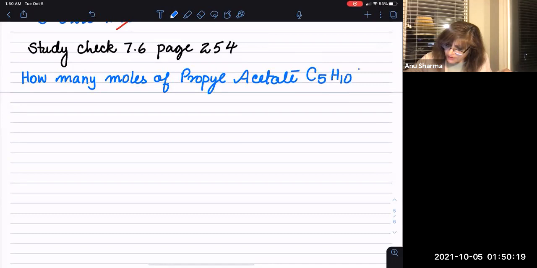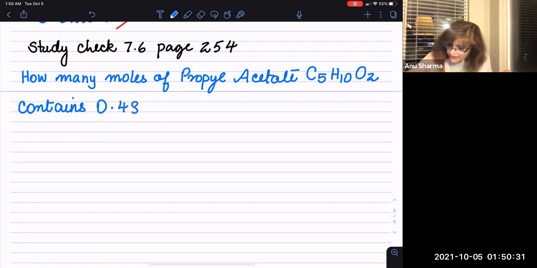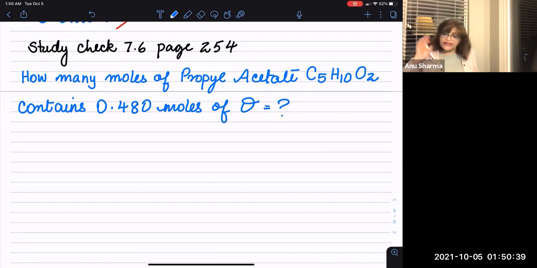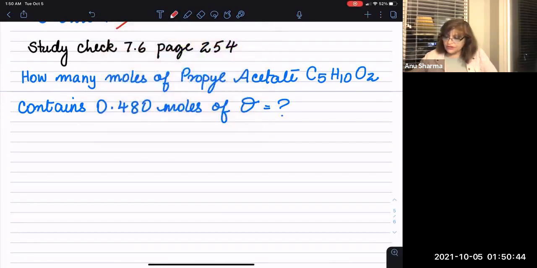Okay, contains 0.480 moles of oxygen. Okay, so here you are going to look at what we discussed earlier when we calculated the molecular weight.